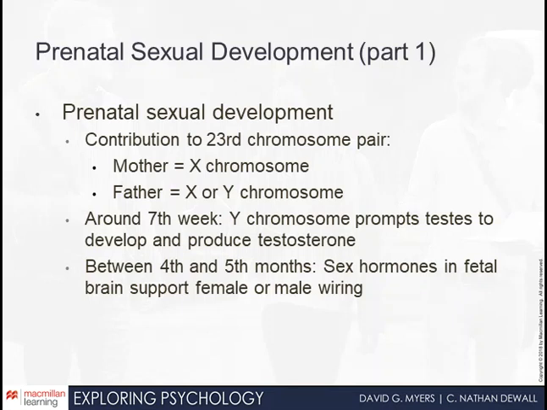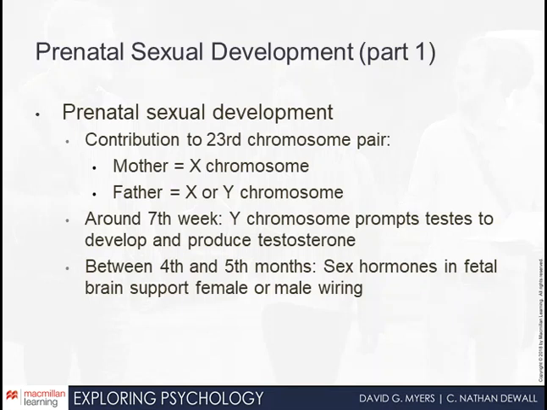Prenatal sexual development. For the contribution to the 23rd chromosome pair, the mother has the X chromosome, and the father can contribute either the X or the Y chromosome. Around the seventh week of pregnancy, the Y chromosome prompts testes to develop and produce testosterone.